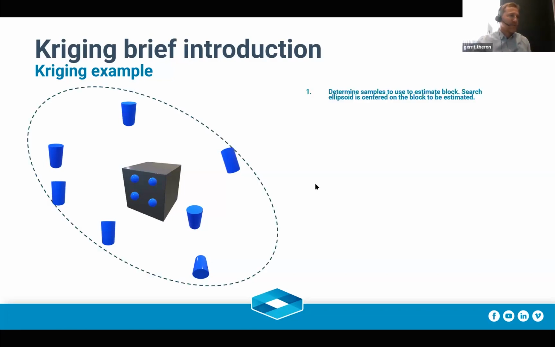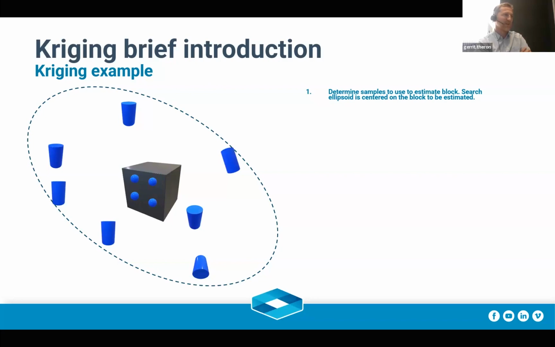So the first step is to determine which samples we're going to use to estimate, and we use a search volume or a search ellipsoid, or it can even be a rectangle around our block, and we center that on the block, and it selects the samples that we want to use to estimate.